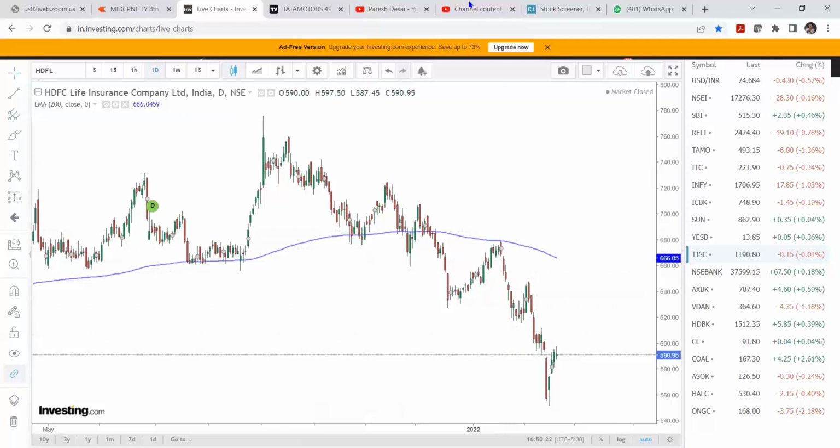Because if you see here, the high point was around 775 and the lowest point was around 550. So almost a third of the value you are getting at a discount. From 770 to approximately 550 would be approximately 30%, right? So 30% less than the highest price. But as I said, you don't have to catch a falling knife.